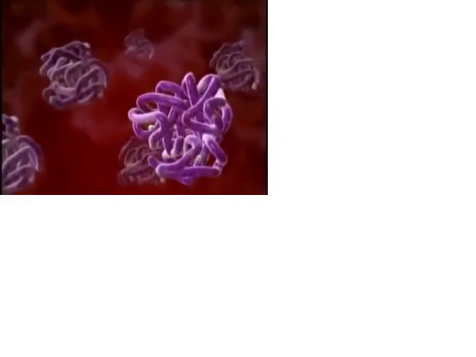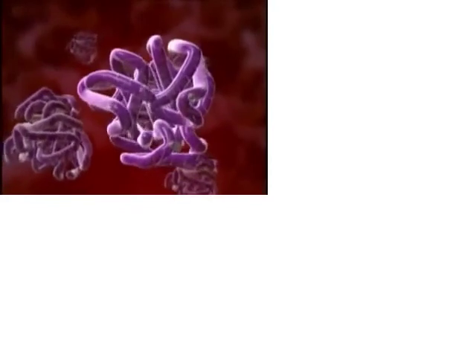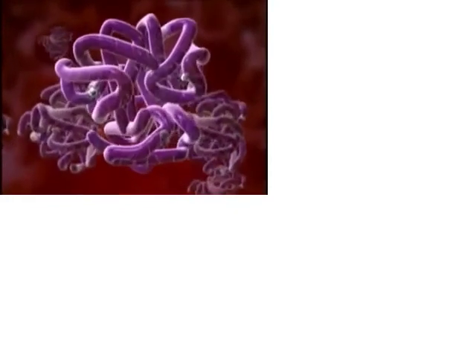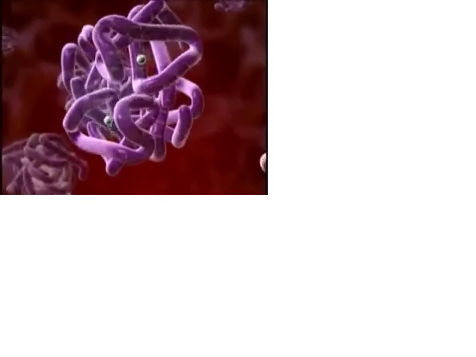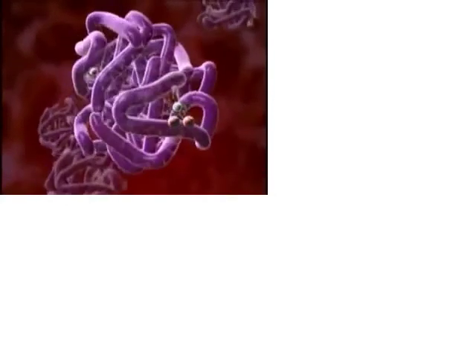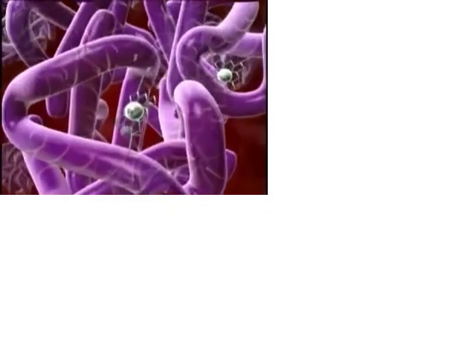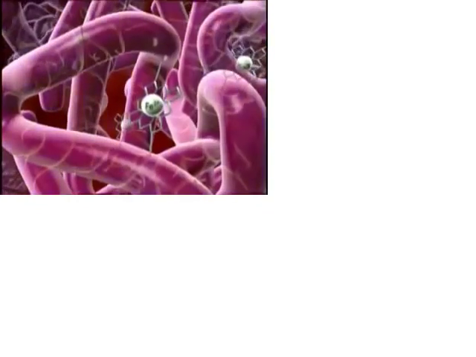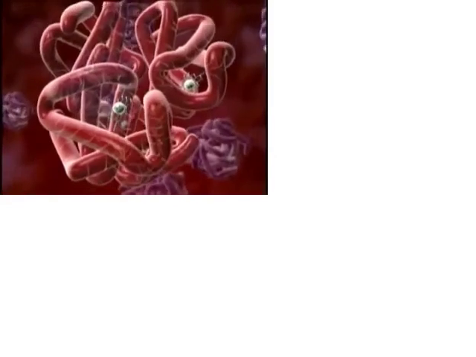Red cells are particularly well suited to transporting oxygen because they contain a special oxygen-binding protein known as hemoglobin. Each molecule of hemoglobin itself contains 4 molecules of heme, an iron-containing pigment, which binds oxygen loosely and reversibly. Hemoglobin that is fully saturated with oxygen is bright red and is called oxyhemoglobin.